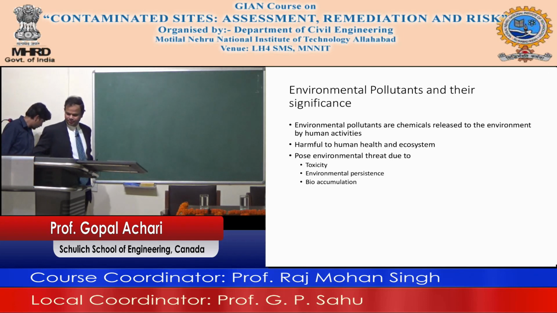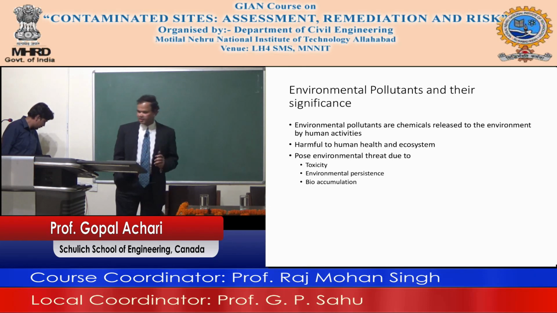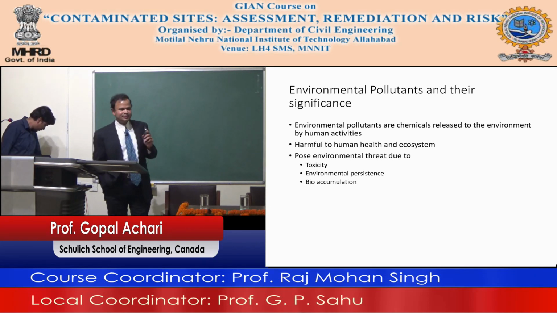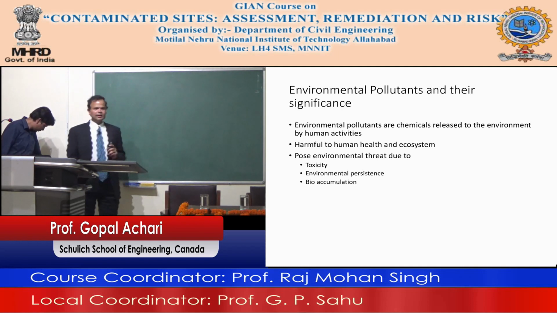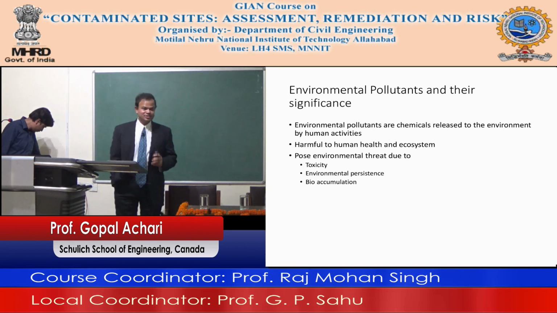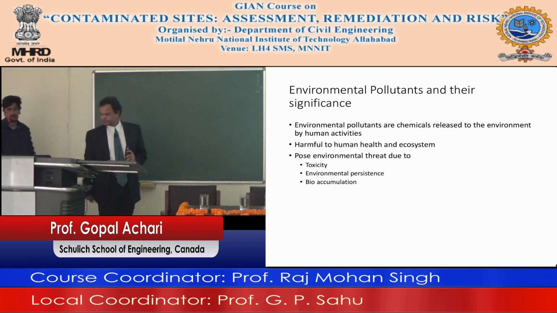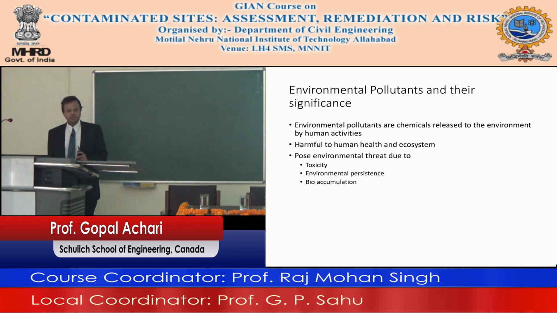So the environmental pollutants pose threat. There are 3 aspects of it that we need to understand and identify. Number 1, which we all understand, is toxicity. It is toxic, which is the biological response to chemicals, and then the pharmacokinetics, or the absorption of it.